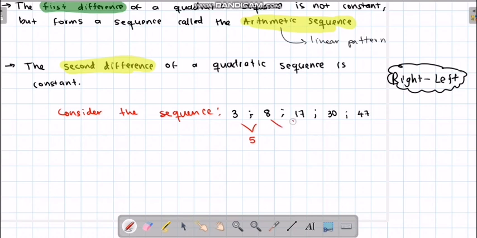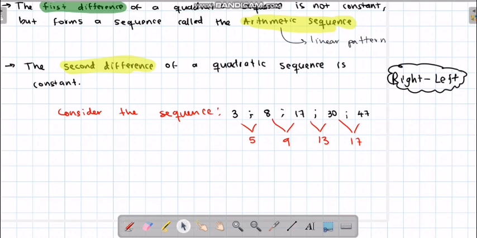And 17 minus 8 is 9. 30 minus 17 is 13. And 47 minus 30 is 17.